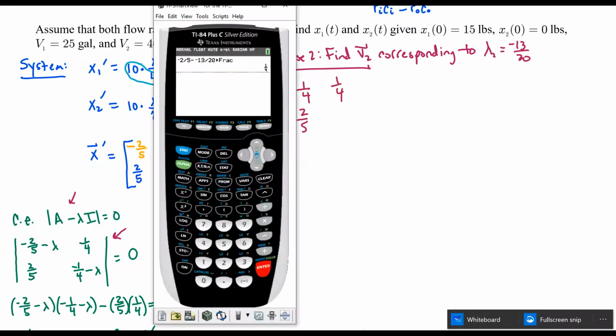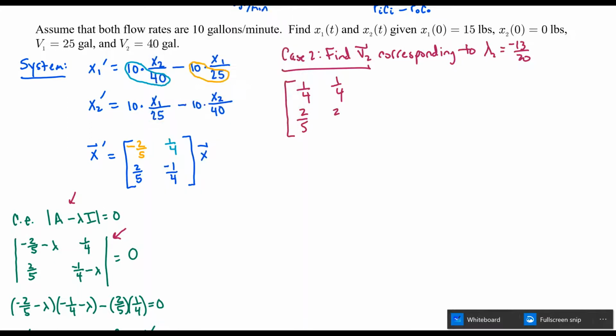And last component, -1/4 minus -13/20 gives us 2/5 times V1, V2 equals zeros. Okay, so notice if I translate row 1 times column 1 back into equation form out of the matrix, I'm going to get 1/4 V1 plus 1/4 V sub 2 equals 0.